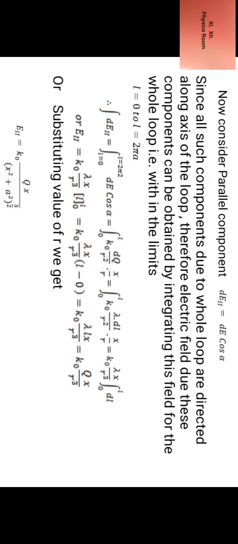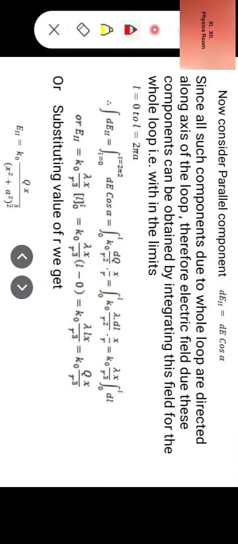Now consider parallel component of electric field, dE parallel equal to dE cos alpha. Since all such components due to whole loop are directed along axis of the loop, electric field due to these components can be obtained by integrating this field for the whole loop, that is, within the limits L equal to 0 to L equal to 2 pi a.